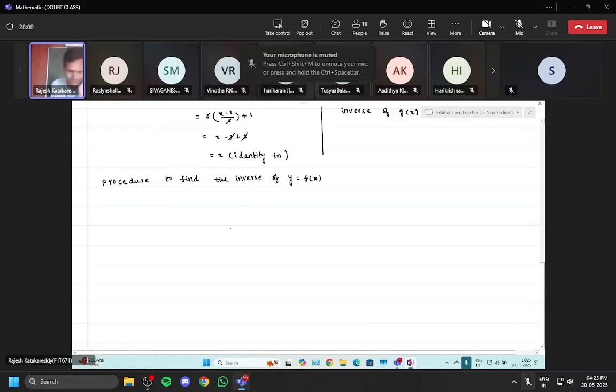We are finding the inverse. Always remember this line: inverse of a function exists only if the function is bijective. If it is a non-bijective function, inverse does not exist. Step number 1, check whether the given function is bijective or not.